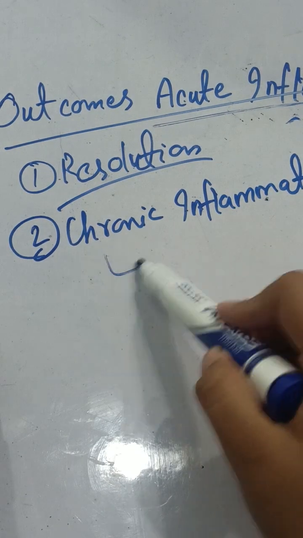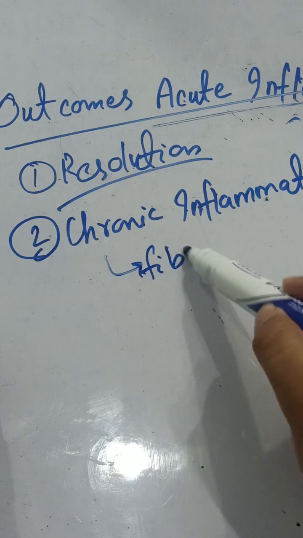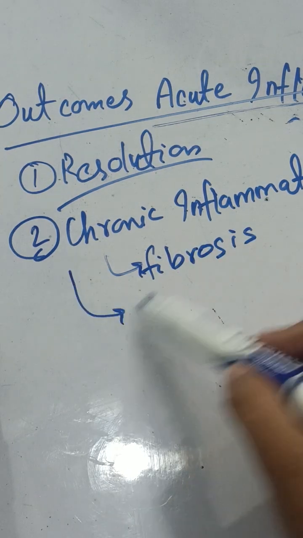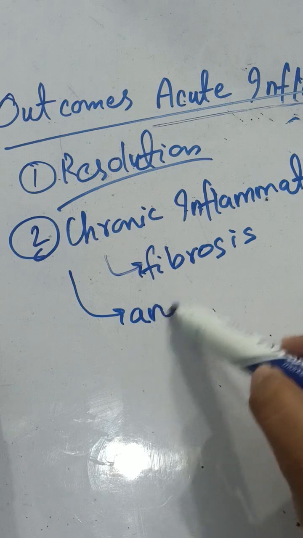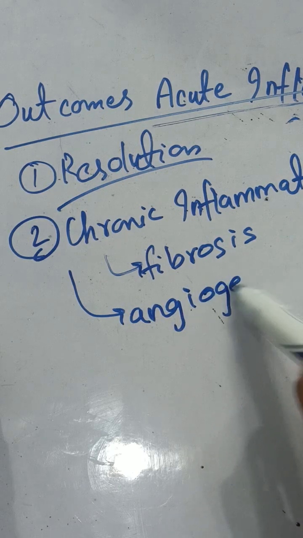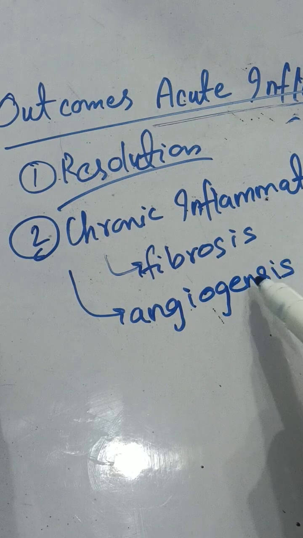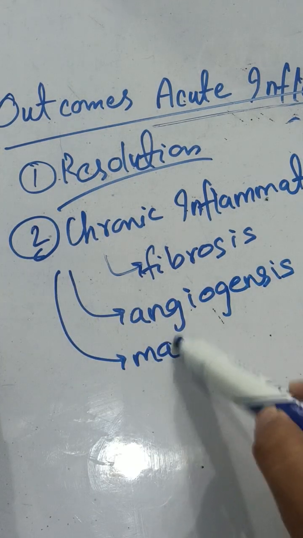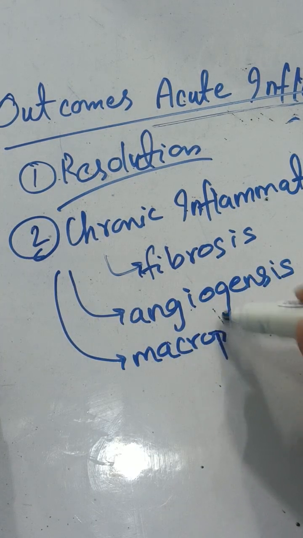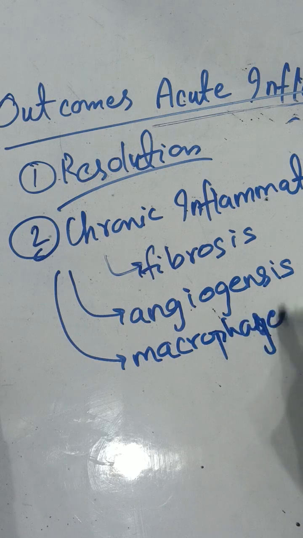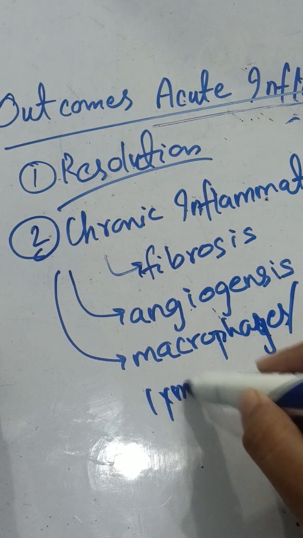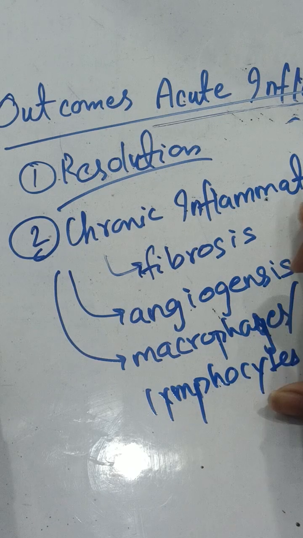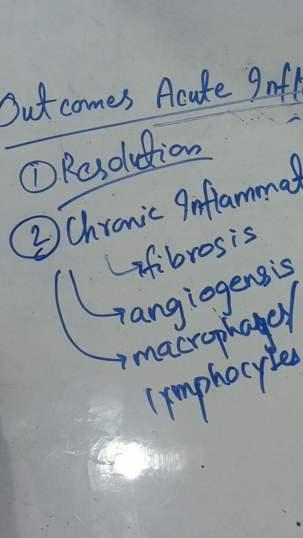The signs of chronic inflammation are fibrosis, meaning scarring, angiogenesis, the formation of new blood vessels, and the presence of macrophages and lymphocytes at the site. These are the three signs of chronic inflammation.